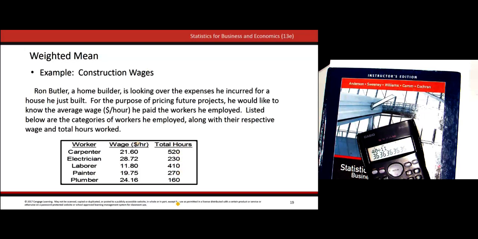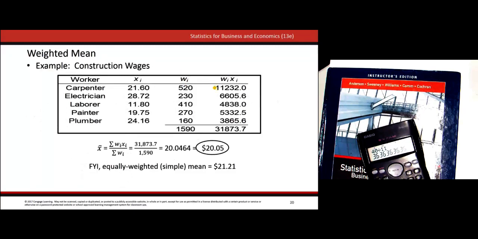We have to calculate the weighted mean. So we multiply the average wage per hour times the total hours worked, add them up, divided by the sum of the hours worked, which is 20.05.